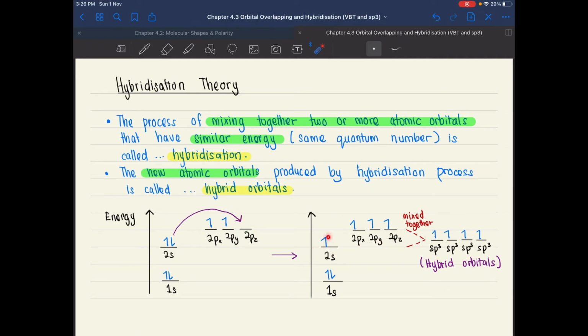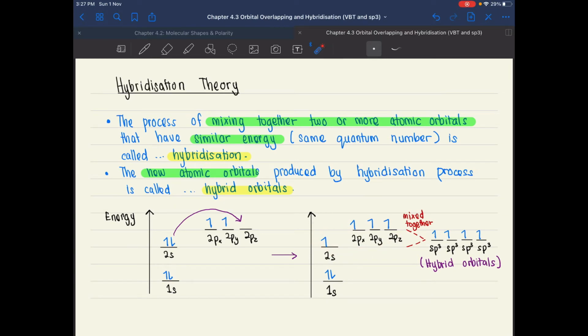So 2s now has 1 electron only, and each 2p has 1 electron. Now this valence electronic configuration has 4 unpaired electrons. That means it can form 4 bonds. But this is not hybridization yet.